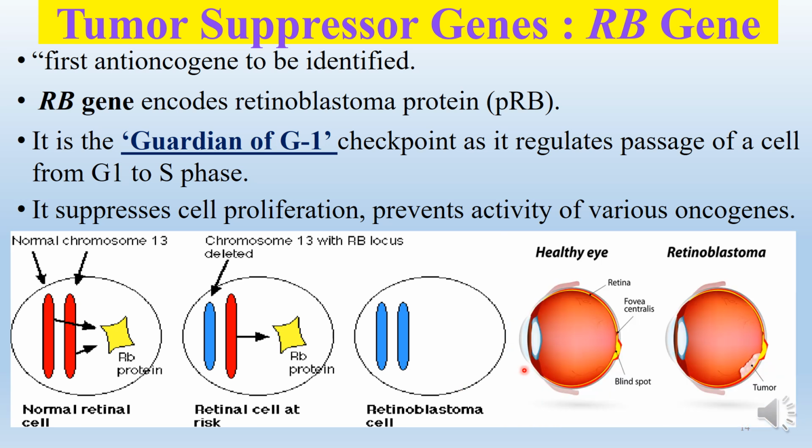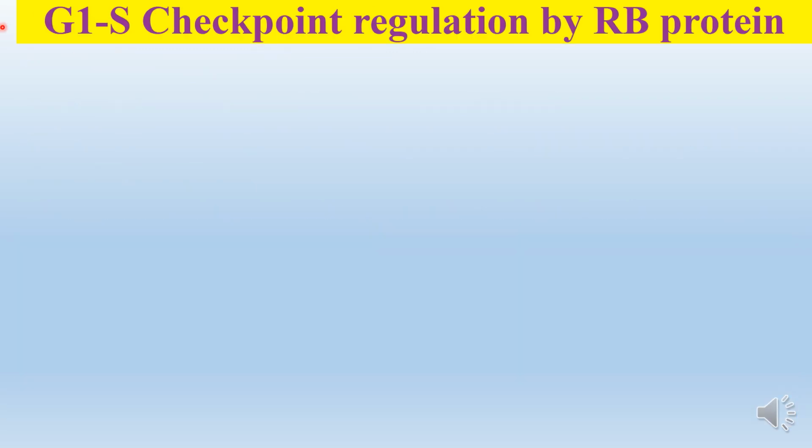So what happens is that a healthy eye is now converted to a retinoblastoma, because a tumor is formed due to the missing retinoblastoma gene, and this tumor causes blindness, and this is how the RB gene was found.